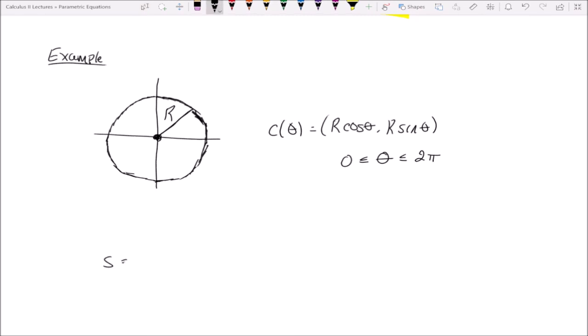So arc length is the integral from 0 to 2 pi of the square root of r squared cosine squared theta plus r squared sine squared theta d theta.